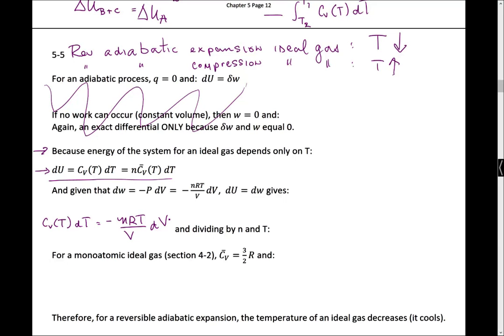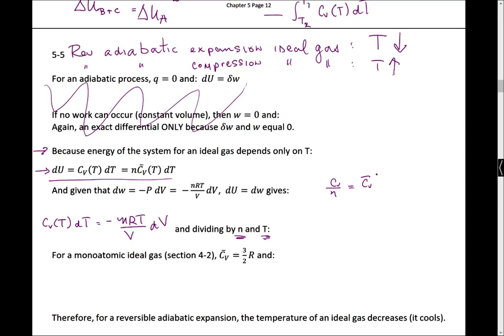All right, now if I want to get a relationship between my volumes and the temperatures, I see that I'm going to have to integrate this. All right? So that means I need to get temperature on one side and volume on the other side. So I'm going to divide both sides by T. I'm also going to divide both sides by n. If I divide both sides by n, that's going to get me Cv over n, and that's the same as our molar heat capacity, right?